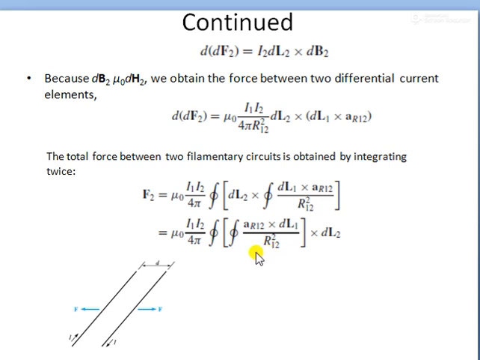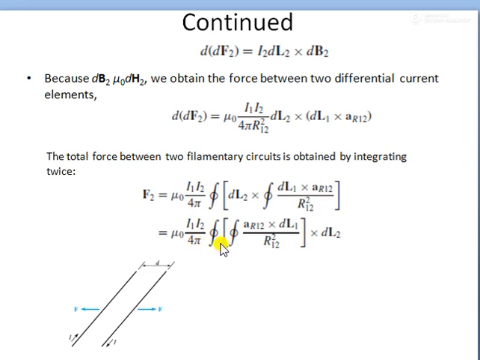Similarly, you can obtain the expression for F1, that is mu naught I1 I2 by 4 pi, which remains the same, with the closed integrals over L1 and L2. Here it will be dL2 cross aR21 divided by R21 squared, cross dL1. That is the formula for F1. So F2 and F1 are the forces between the differential current elements, and F2 is equal to minus F1.